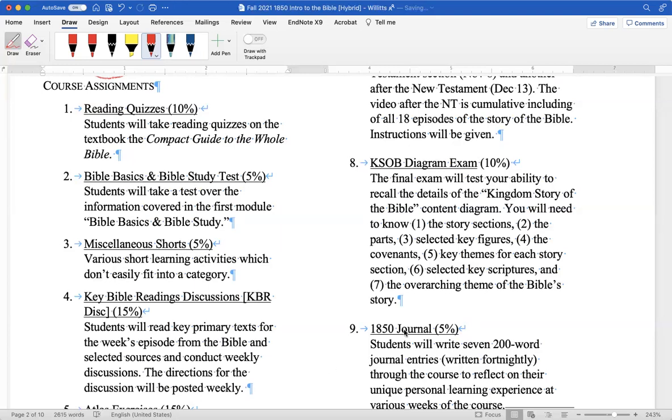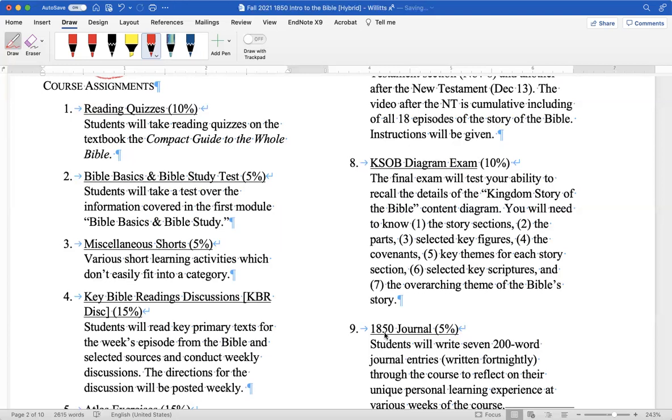If you didn't do any of the journals, number 9, you have to do one every fortnight, which is basically one every 2 weeks. If you didn't write one of those journals, it would only cost you 5% of your grade. So because we have so many assignments, no one assignment will sink you, or no one learning activity will sink you. It is an accumulation of several, almost a handful of assignments that make up your grade.